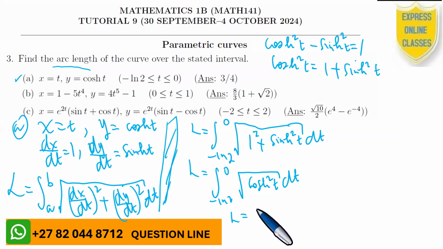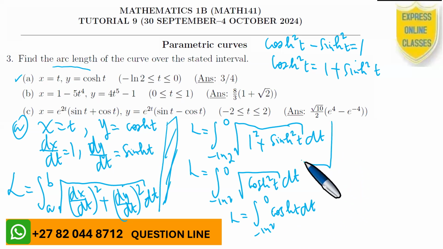And therefore it becomes the integral from minus ln 2 of the square root of cosh squared, which is cosh of t, dt.